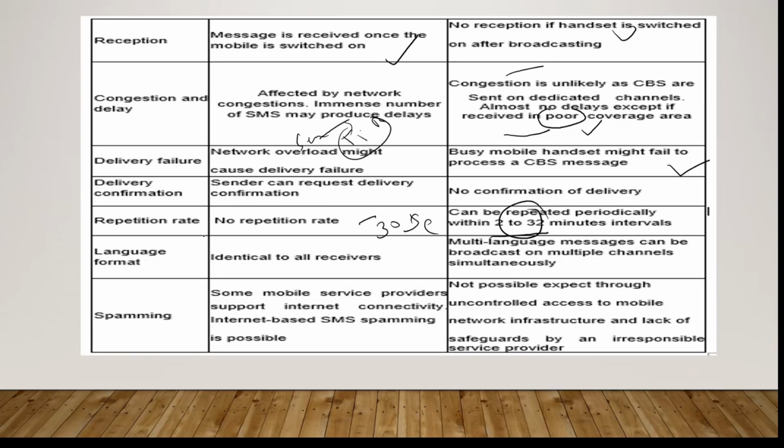Okay, and language can be identified according to where any individual is, for example English, French, German, Chinese, Italian, Hindi, Urdu, etc. Okay, and here spamming is possible, and here that is not possible. As I mentioned, that is the blocked technology, which is the most secure technology. Okay.